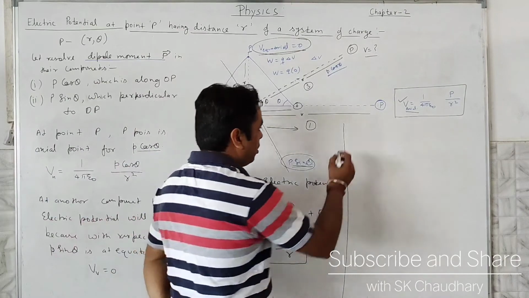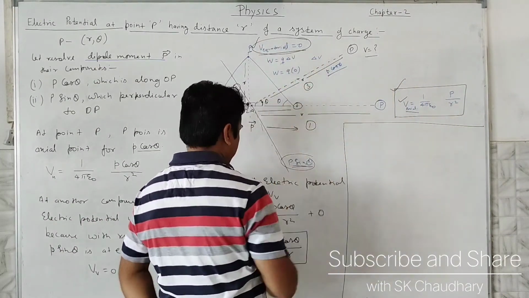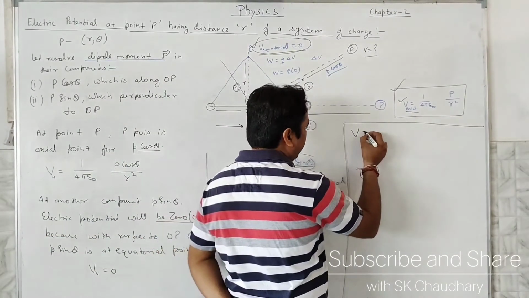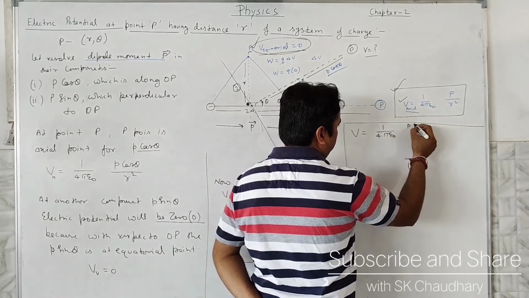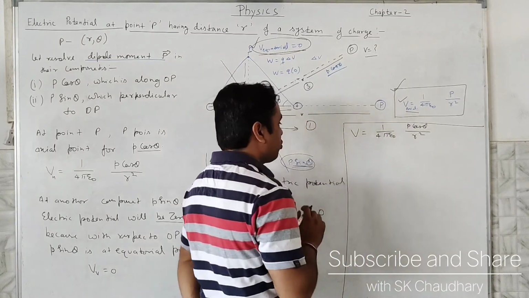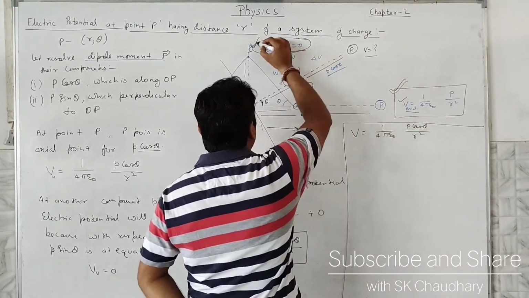Now, we are using both relations, this one and the equatorial one, and we concluded with V. So we finally got 1 upon 4 pi epsilon naught p cos theta divided by r square. This formula will definitely satisfy this one also and this one also.